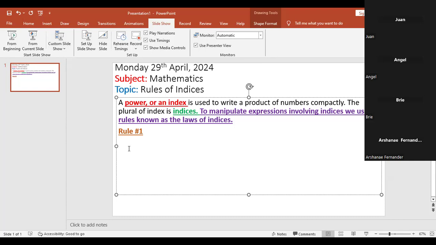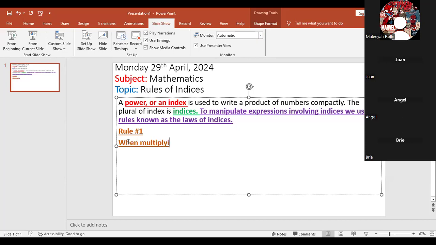So rule number 1. The first rule is when you're dealing with multiplying. When multiplying, if the bases are the same, then we add the powers, or we add the indices.